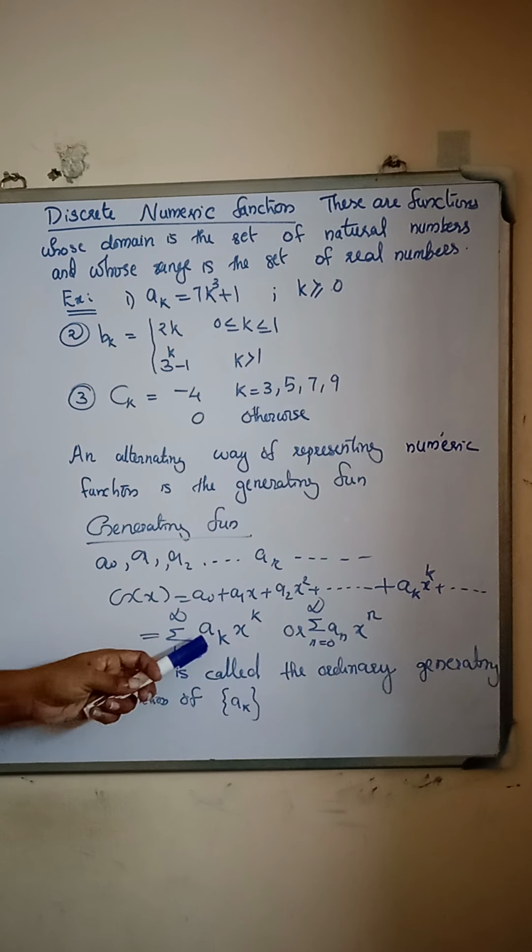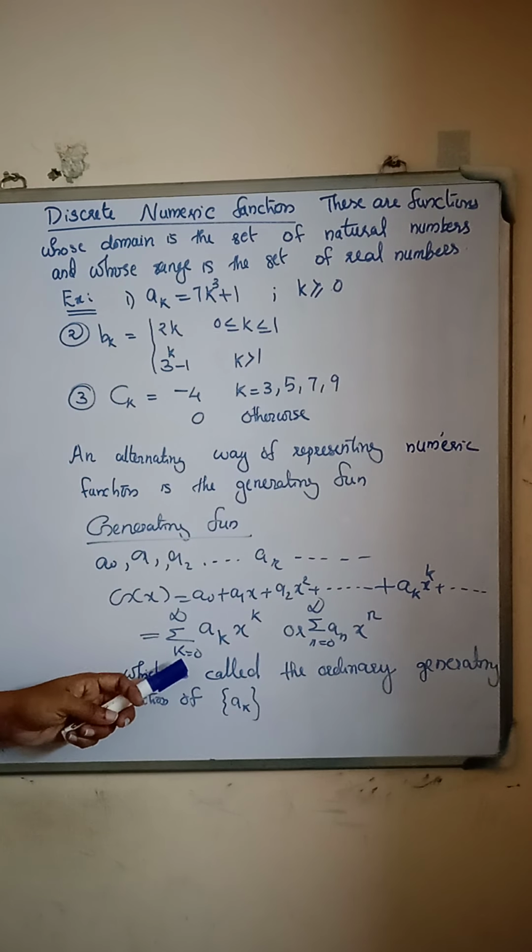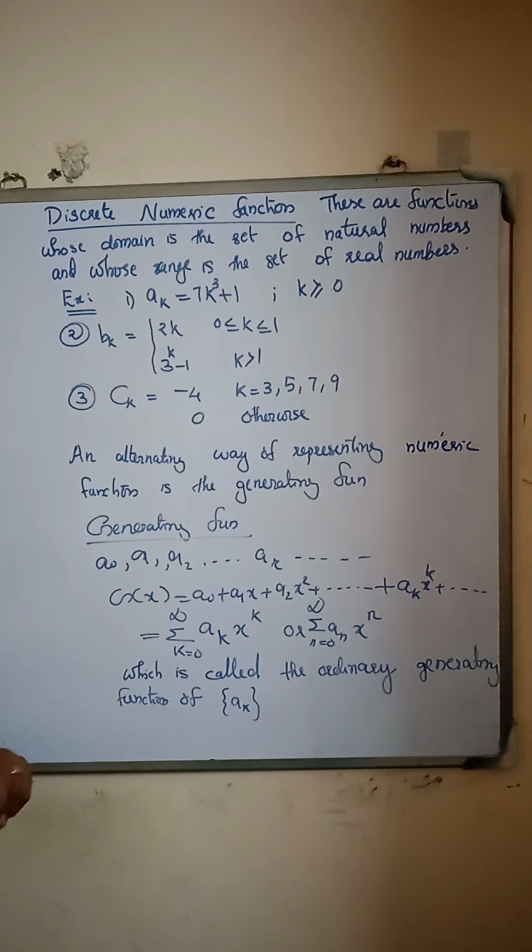When k is equal to 0 it becomes a0. When k is equal to 1 it becomes a1x plus etc. This is called the ordinary generating function of the sequence an.